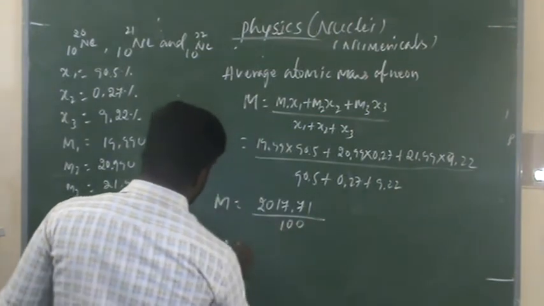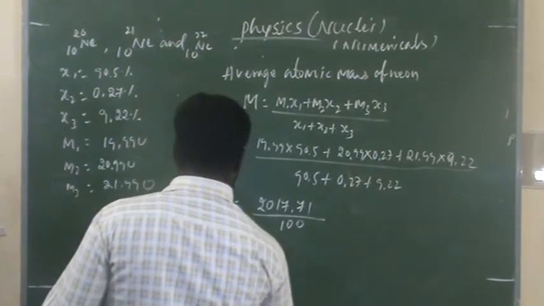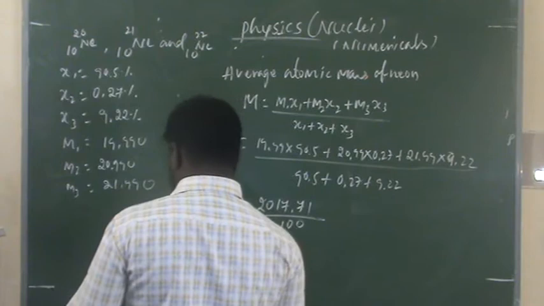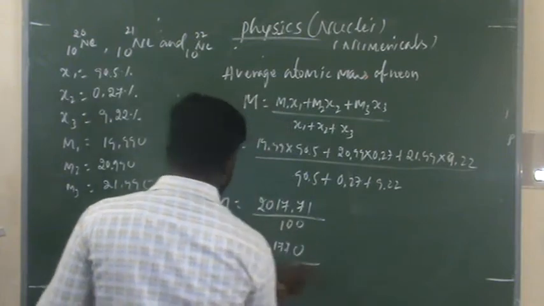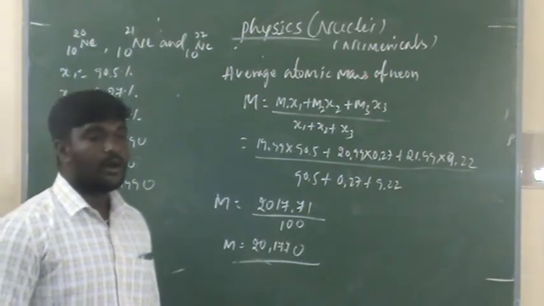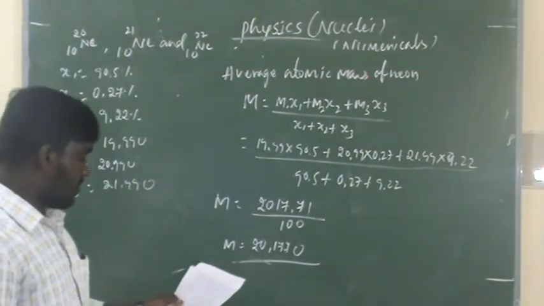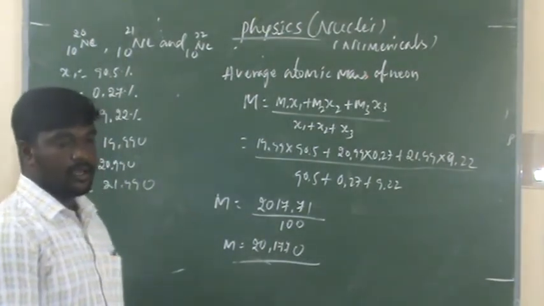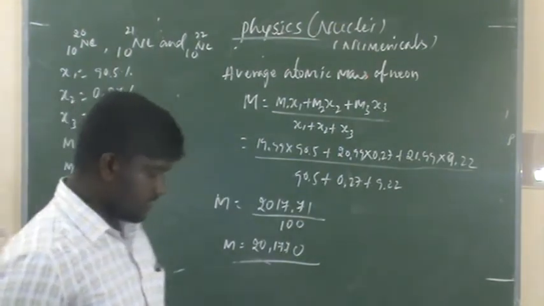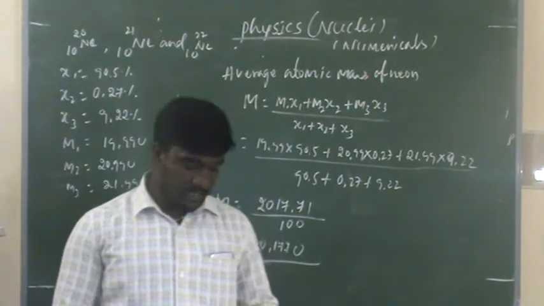So that is capital M equals 20.177 unit. This is the average atomic mass of neon. Clear?